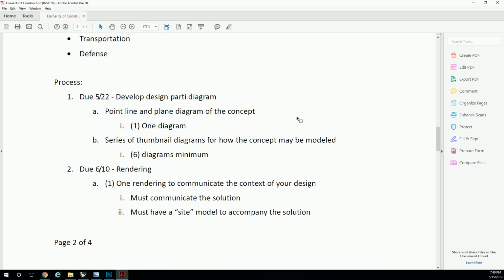But let's look at what you're going to do. First up, I mentioned that you guys are actually going to be sketching, and that's critically important. We're going to develop a design parti diagram. That's your first step, which is saying, oh, maybe I want my tower to look like League of Legends.